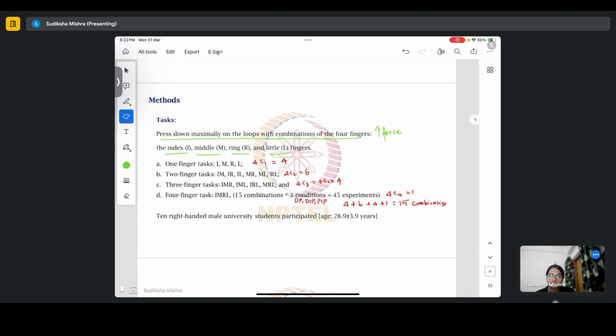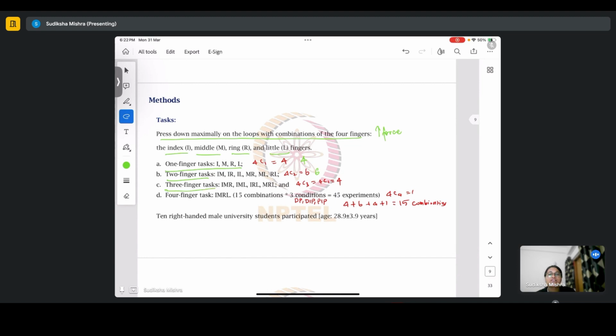There were four different kinds of tasks. One finger tasks, wherein each finger was moved individually: four such tasks. Two finger tasks, wherein two fingers were moved and the enslavement effects on the other two fingers were observed: six such conditions.